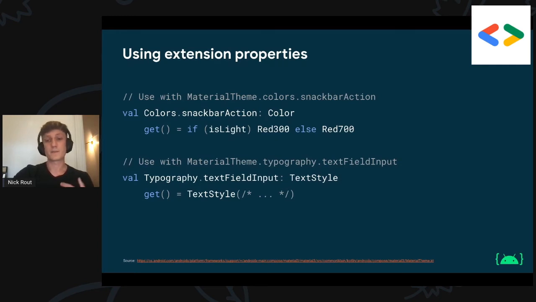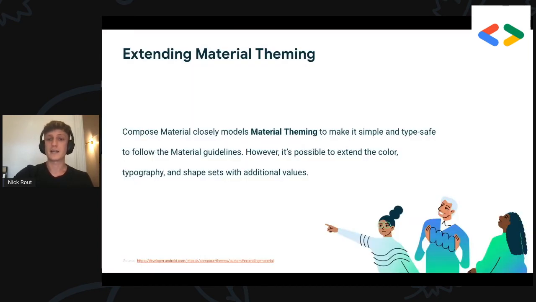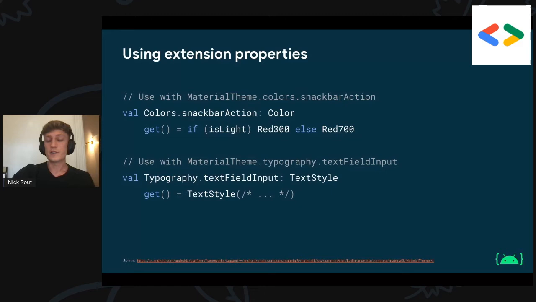guidelines. But it is possible to extend the color, typography, and shape sets with additional values, and this tends to be a fairly common use case in my experience in companies that use material design. The first and simplest way that we could potentially do this is to use Kotlin extension properties. We don't even have to go into the whole composition locals and the approach that material theme takes.